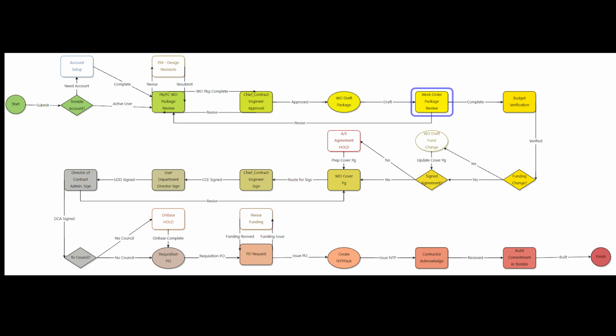Ani, should she need additional revisions, will send it back to the PA/PC for additional iterations, and then the process will continue as previously mentioned to the chief contract engineer. A new work order draft package will be developed and then returned to Ani for final completion.